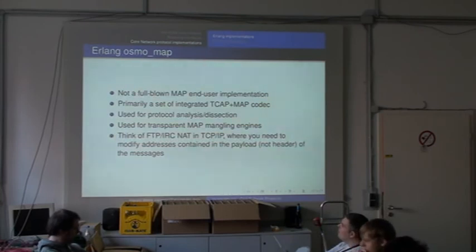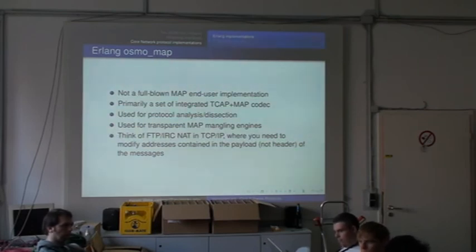So what you can do is receive the ASN.1 encoded TCAP and MAP message over the SCCP stack. You can throw it in Osmo MAP, and it will expand recursively the TCAP dialog portion, the MAP dialog portion, the TCAP component, the MAP component portion. So you put in one binary blob and you get one extracted, exploded structure of all the stuff inside.